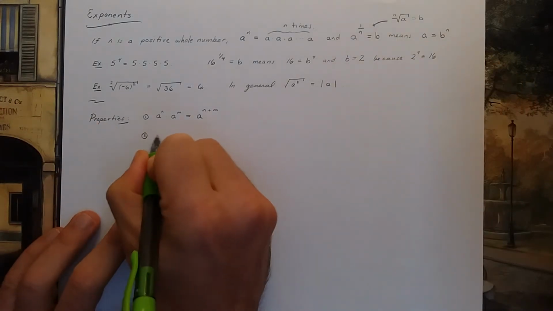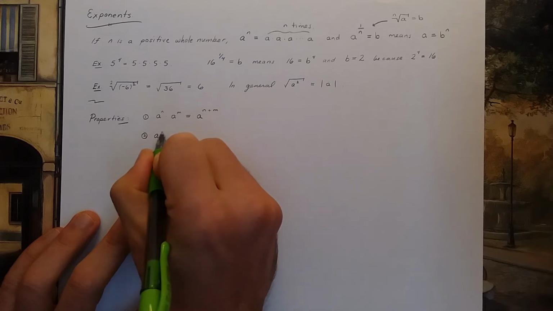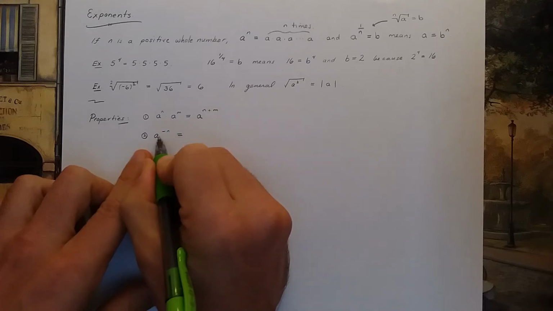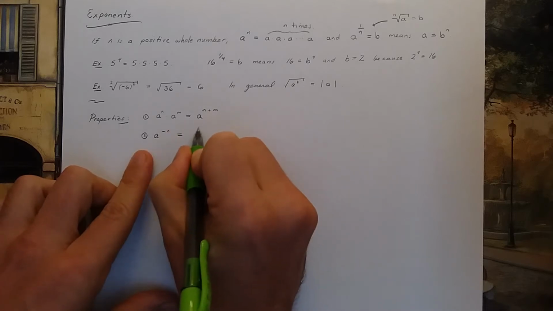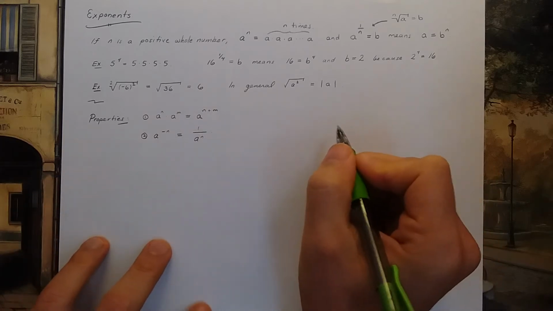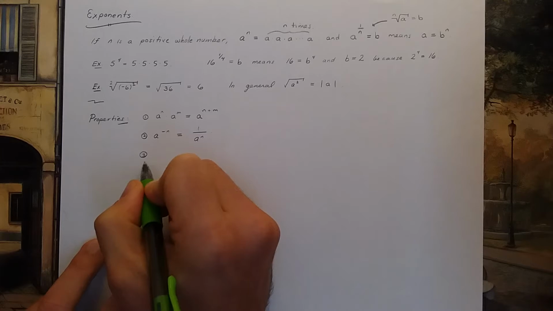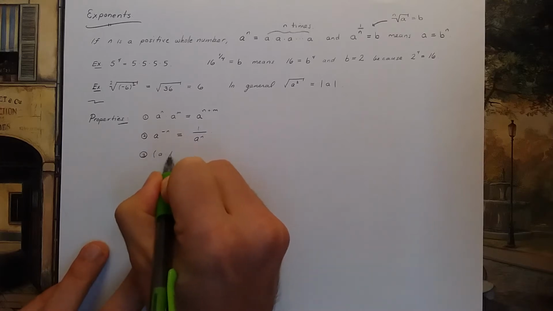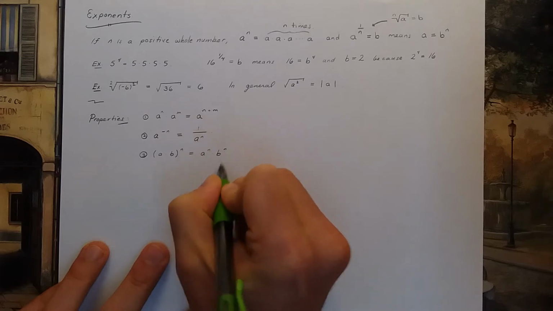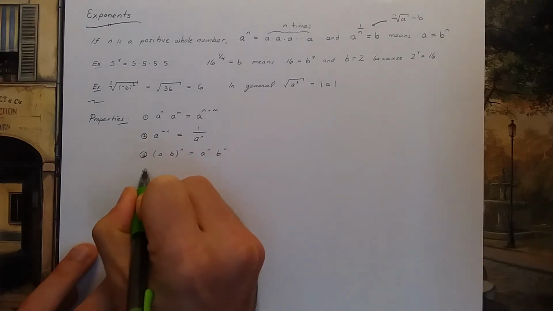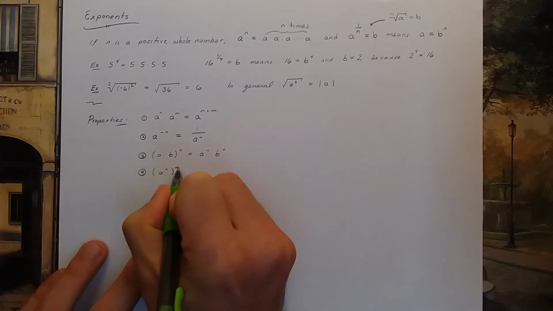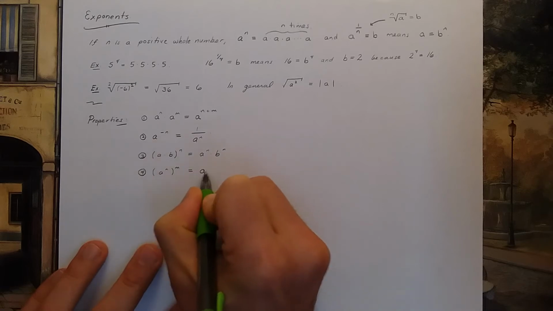If you have a negative exponent like a to the negative n power, then that's what we use to denote division. So a to the negative n power is the same thing as 1 over a to the positive n power. Property 3 is that if I have a times b to the n power, then this is a to the n times b to the n. And the last property I'd like to write down is a to the n to the m power. This would be a to the n times m.